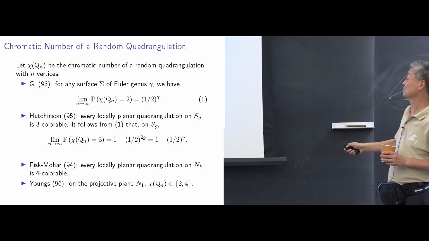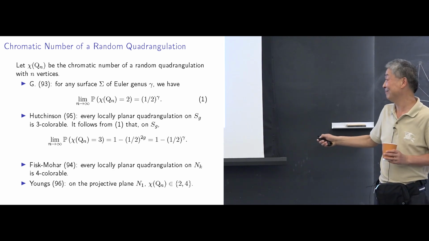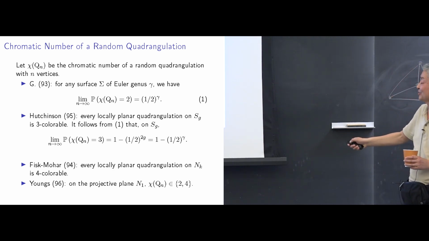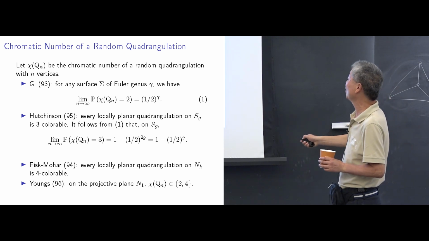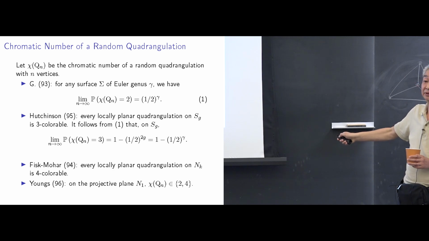Equal to 3, this probability, just 1 minus that. On the sphere, of course, gamma equals 0, so 100% it's bipartite. On the torus, right? On the torus, Euler genus is equal to 2 times the number of handles. This is 1/4, this is 3/4. Okay?